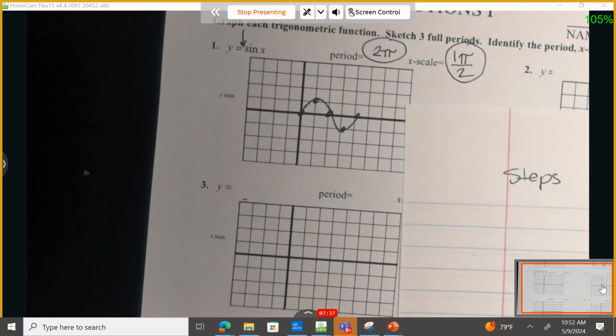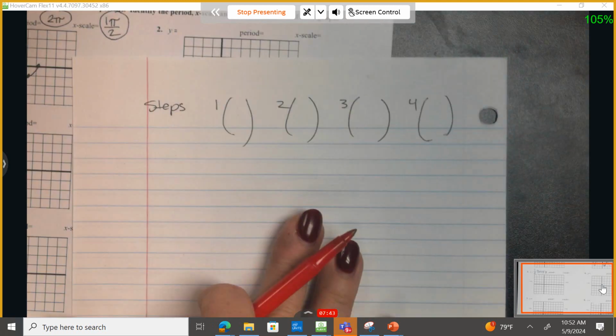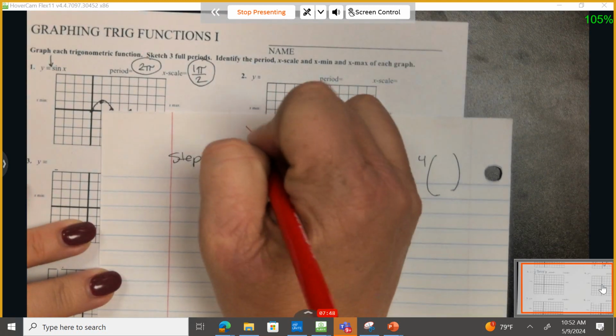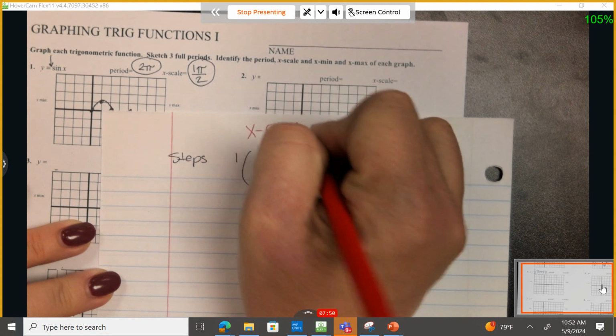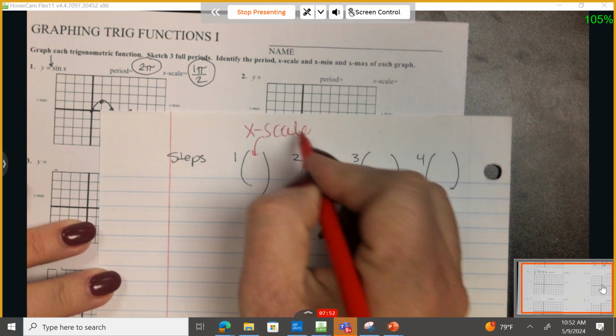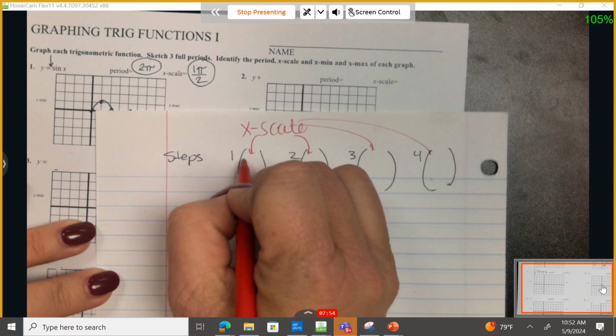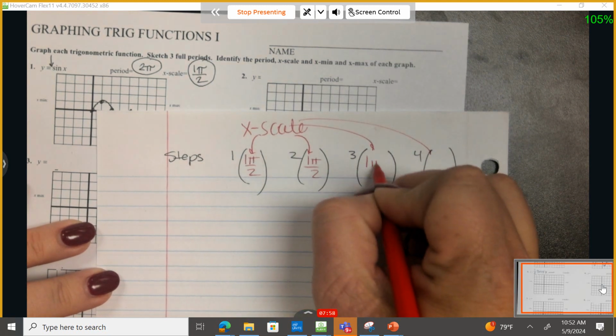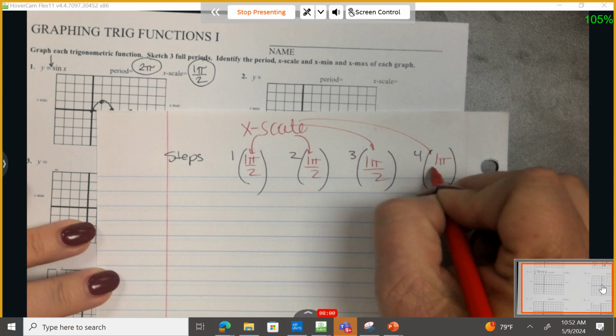Step 1 was to figure out the period length. Step 2 was the x scale. Step 3, I graphed it. So I guess I'm on step 4 here. What I'm going to do next is take whatever the x scale is, and I'm going to drop it into each one of these parentheses. So this is 1 pi over 2 in each of the parentheses.